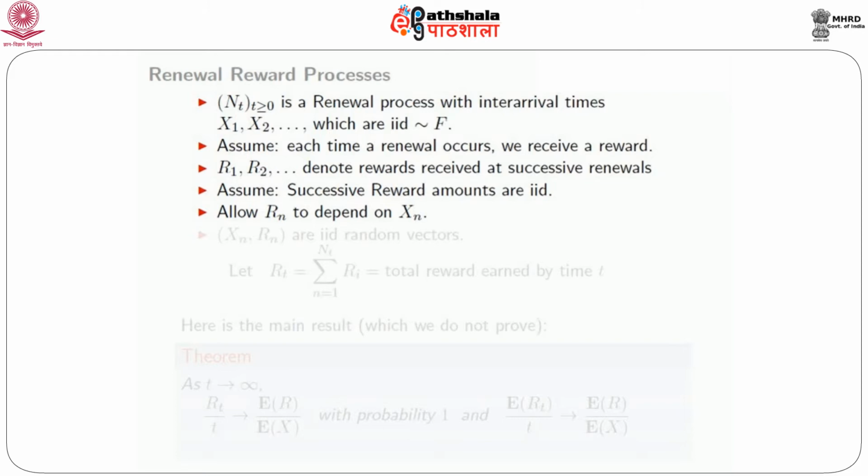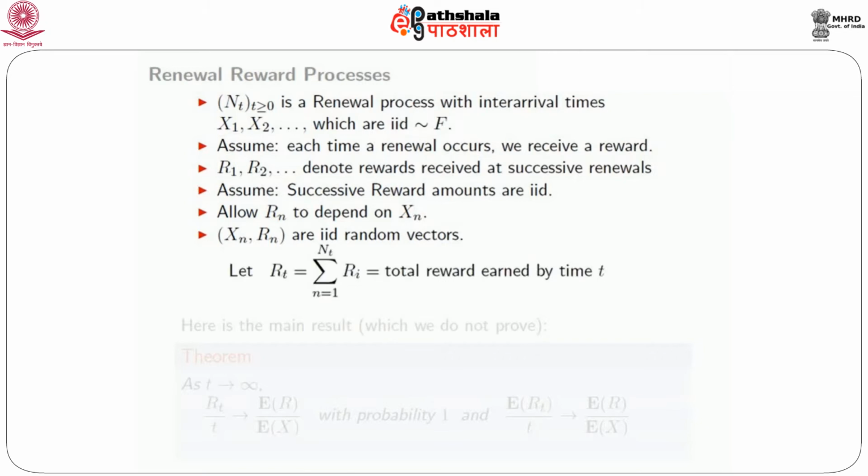Essentially what we are saying is that the pairs (R1, X1), (R2, X2), (R3, X3), etc. are IID, which of course means that the marginals R1, R2, etc. are IID. The marginals X1, X2, etc. are already IID, but we allow dependence between Rn and Xn. So essentially, the pairs (Xn, Rn) are IID random vectors, or random pairs.